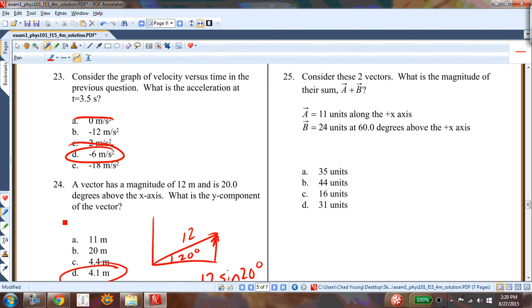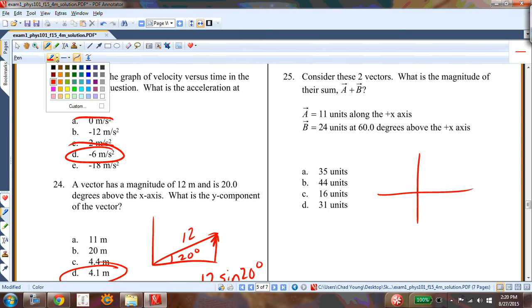And consider these two vectors. What is the magnitude of their sum, A plus B? Okay, A is 11 units along the x-axis. This is the vector A. And then B is 24 units at 60 degrees above the x-axis. So let's find Bx and By. This is A equals 11.